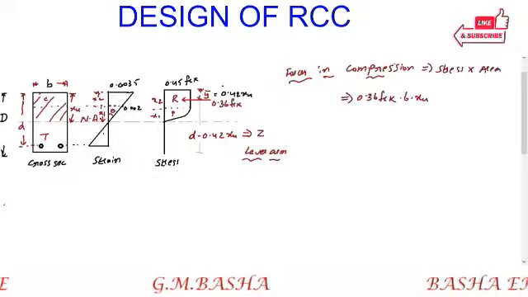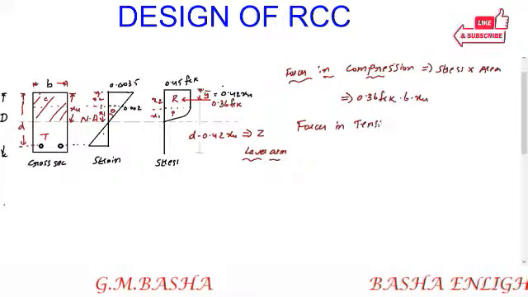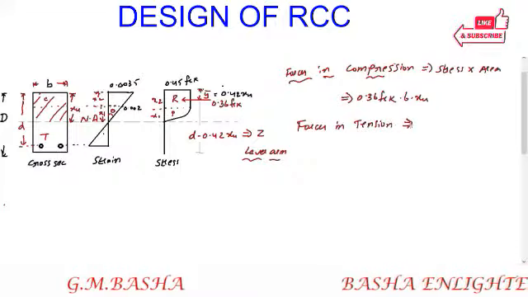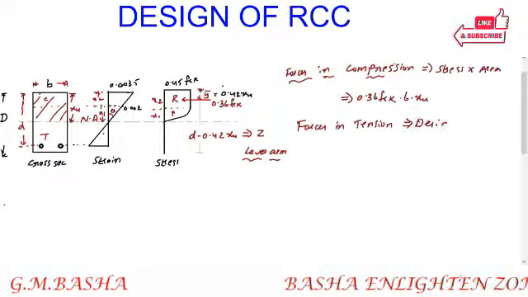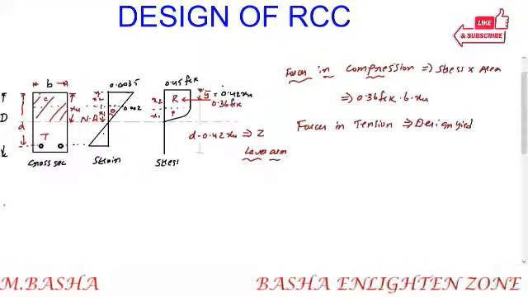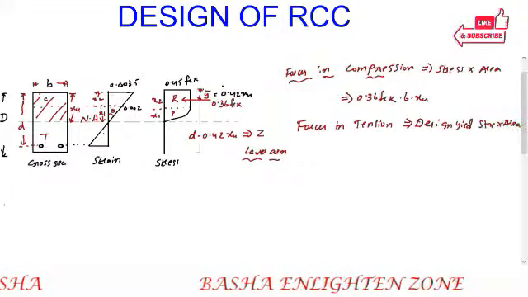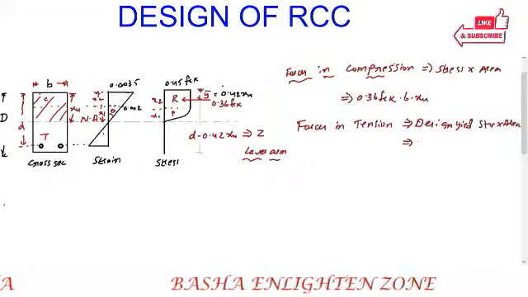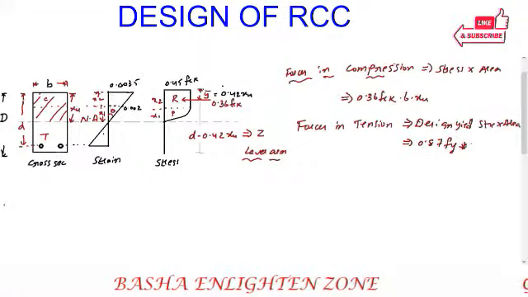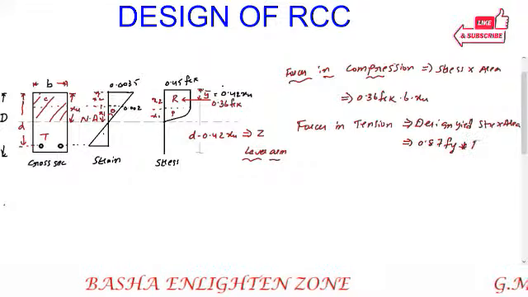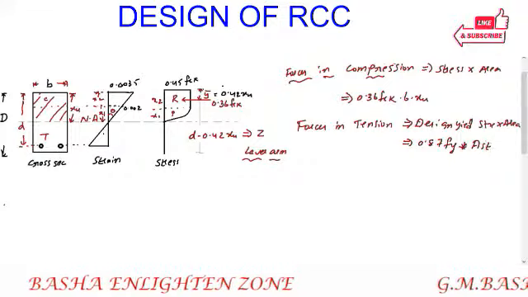Then force in tension. Forces in tension will be equal to design yield stress into area. Design yield stress, already I told you based on the formula, will be 0.87 fy into its area, which is on the bottom side, that is the area of the steel.